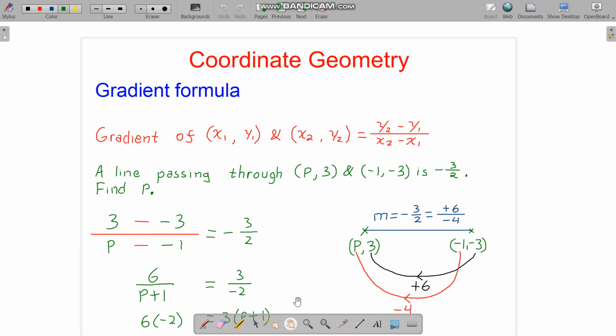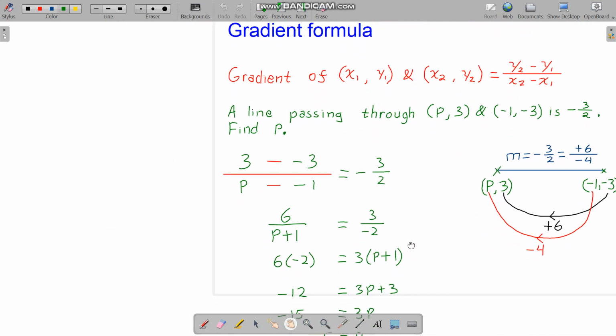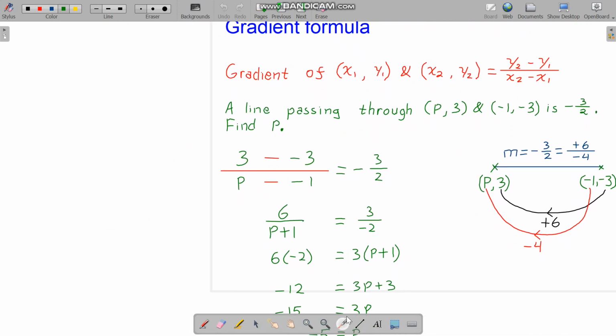Now let's say we have a line passing through (P, 3) and (minus 1, minus 3). We have 2 points and we have the gradient. We need to find P. Using the formula, the difference in y values, so we use the left minus right points.